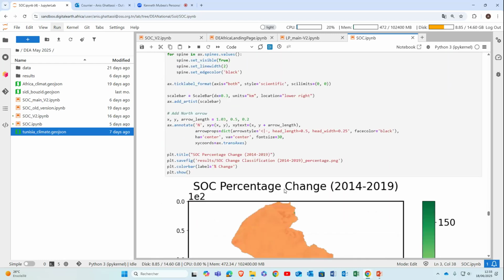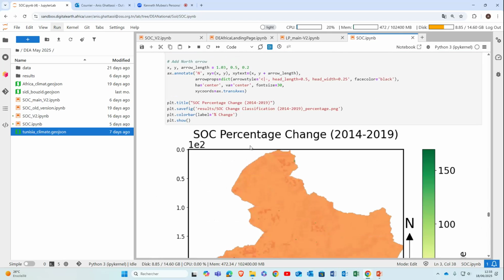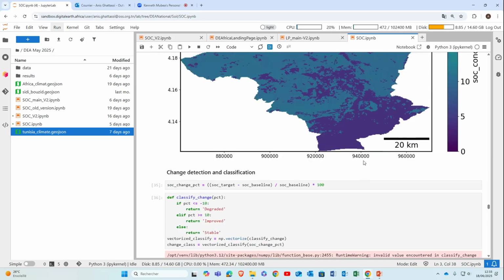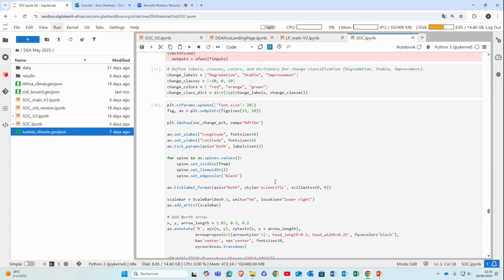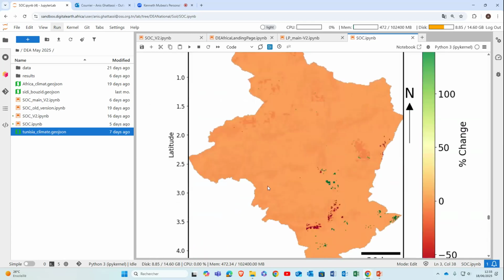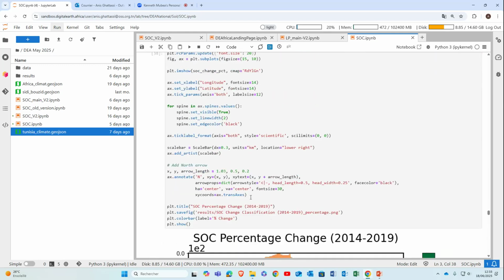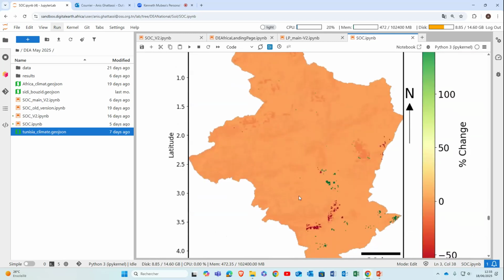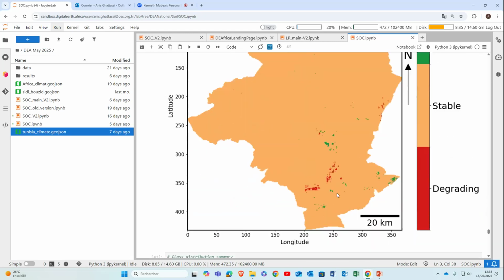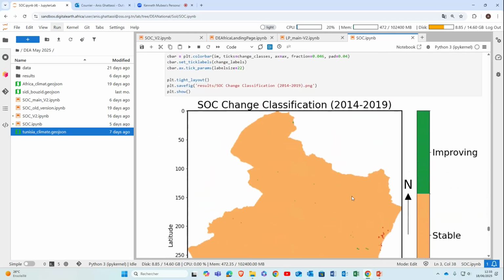So then we calculated the soil organic carbon percentage change here from 2014 to 2019 based on these two maps. Here we used a formula that shows this distribution in order to have a classification later for three classes, to show the changes of the soil organic carbon for the target period.